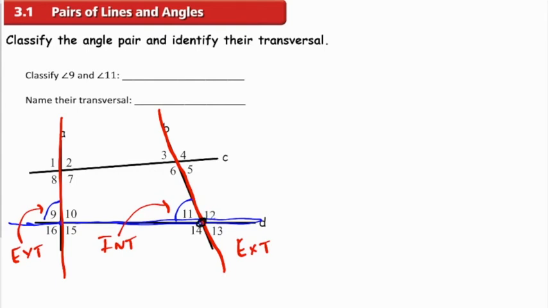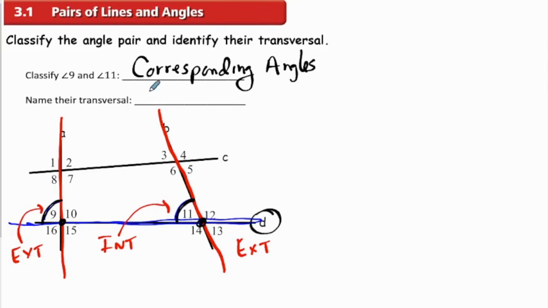So we look at the intersection and I say that 11 is up and to the left from the intersection. Let me find the intersection by 9, and 9 is up and to the left. Since they are in the same position, I will call them corresponding angles. And my transversal was line D.